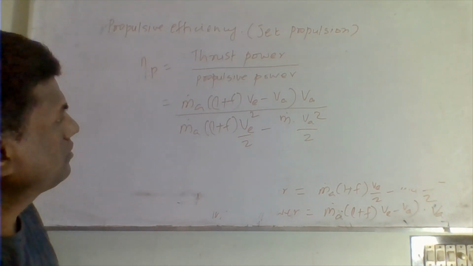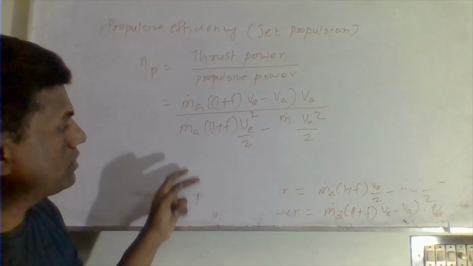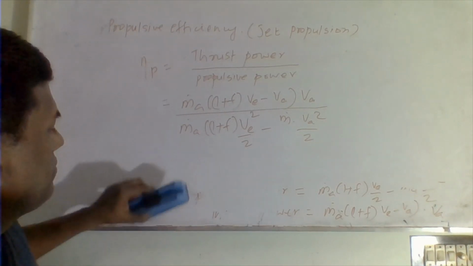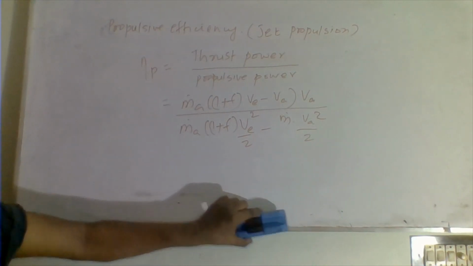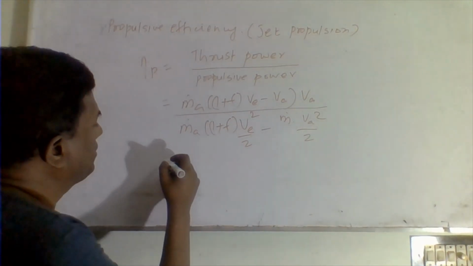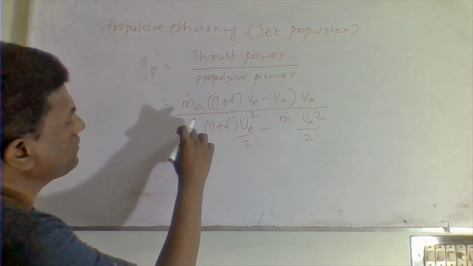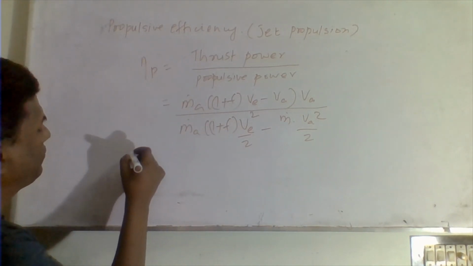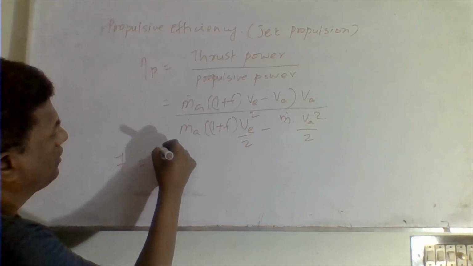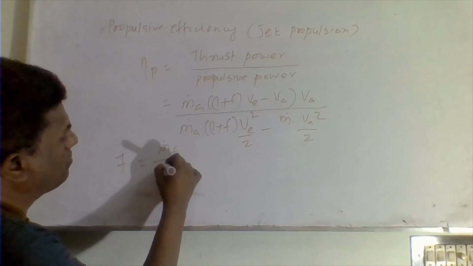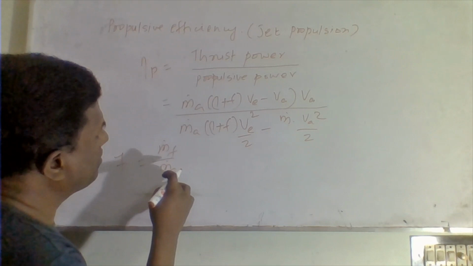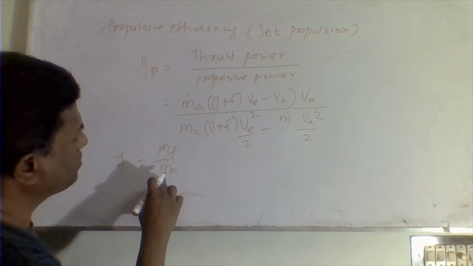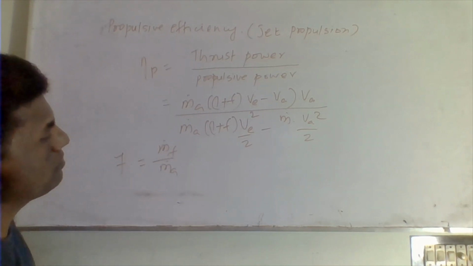Now this further has to be simplified. Before simplifying, our fuel air ratio is nothing but the mass flow rate of fuel divided by the mass flow rate of air. This mass flow rate of fuel will be very small compared with the mass flow rate of air, especially in turbojet engines.